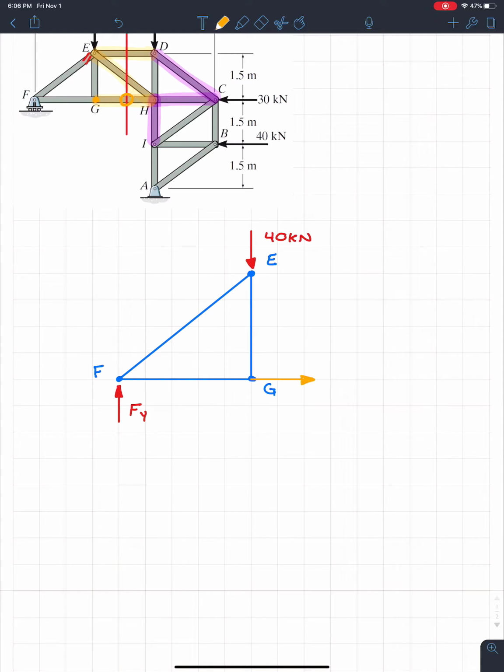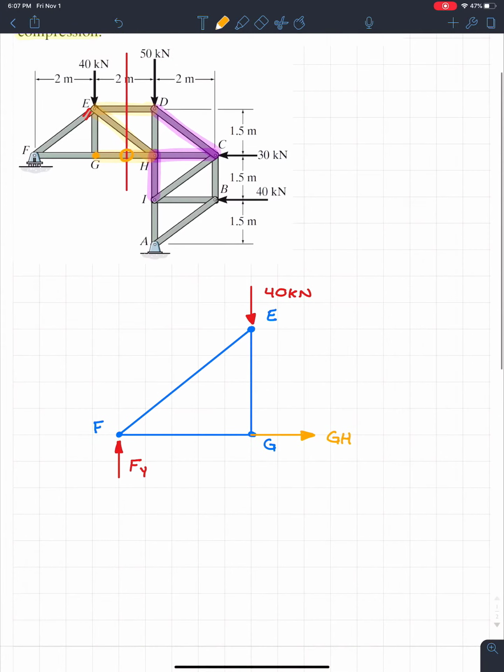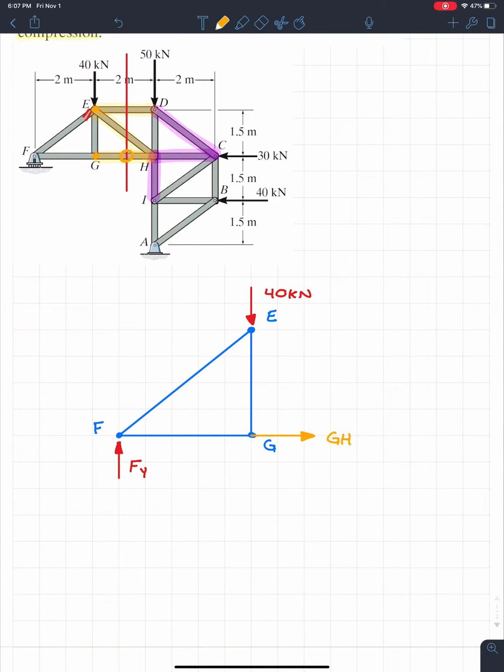So I put this as a force, and this will be member GH. If I look up at joint E, at the top, we cut through two members. We cut through ED, which is horizontal, so I'm going to put this as a force ED, like this. Then I'll have another force going diagonal, because I also cut through this one, and this one right here is EH.